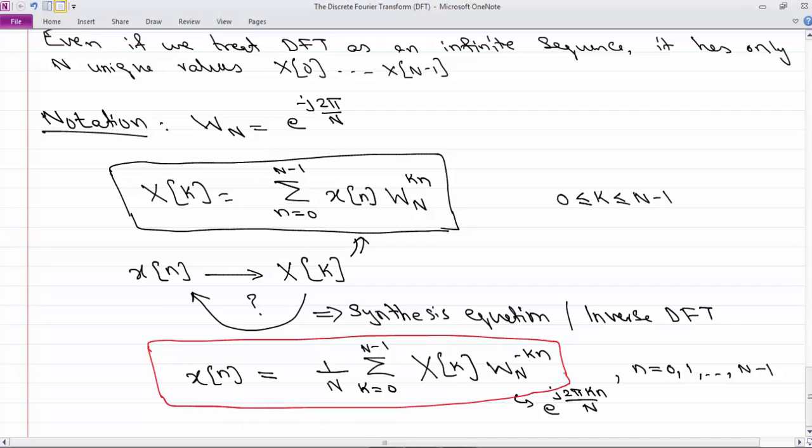And the things to keep in mind here too are that n goes from 0 to N minus 1. So this capital N is a function of how many points of DFT you took.